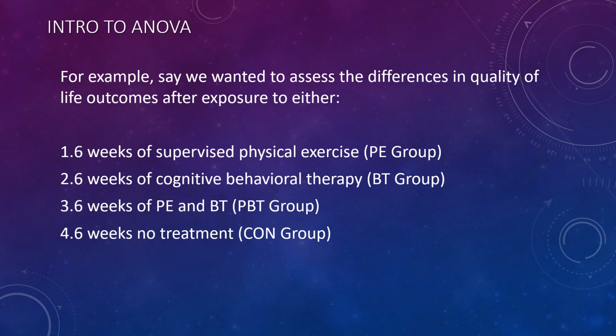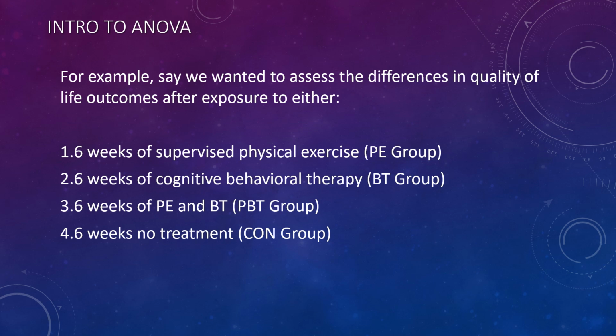And so here we have, in the conditions that are set before here, I might have one group that gets 6 weeks of supervised physical exercise, another group gets 6 weeks of CBT, cognitive behavioral therapy. Another group gets the combination of both physical exercise and behavioral therapy. And then finally, I've got one group that receives no treatment. We call this our control group, right?